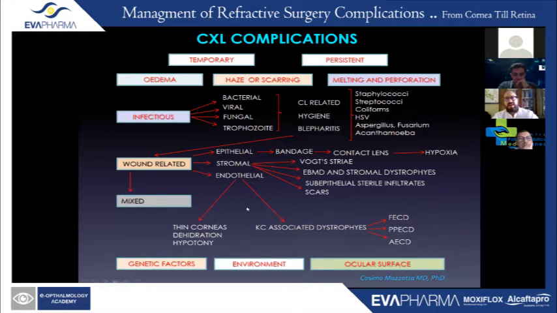And the endothelial one may occur with thin corneas, for hypotonia of the stroma, or stromal dehydration, and if we have keratoconus-associated dystrophies such as Fuchs endothelial dystrophy, posterior polymorphous dystrophy, and amorphous. You know also the importance of genetic factors, of the environment, and of ocular surface diseases.